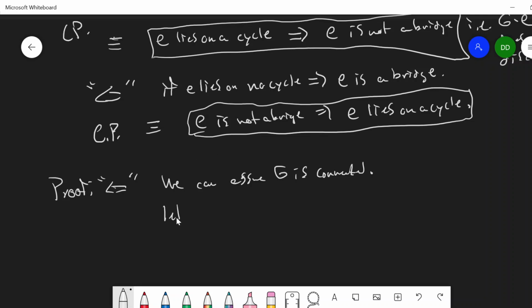So let E equal UV be an edge that is not a bridge. Then G minus E is connected.